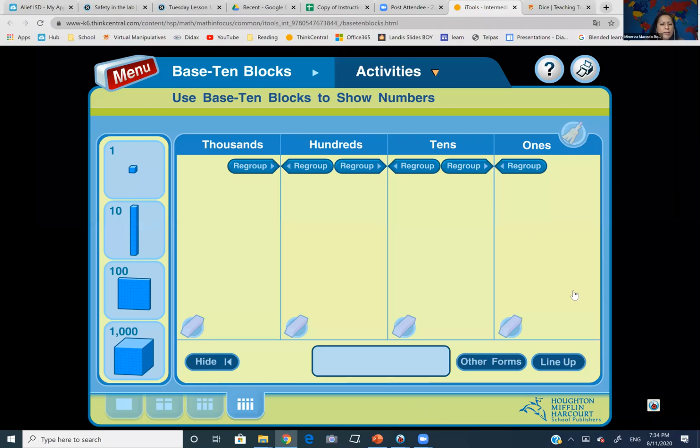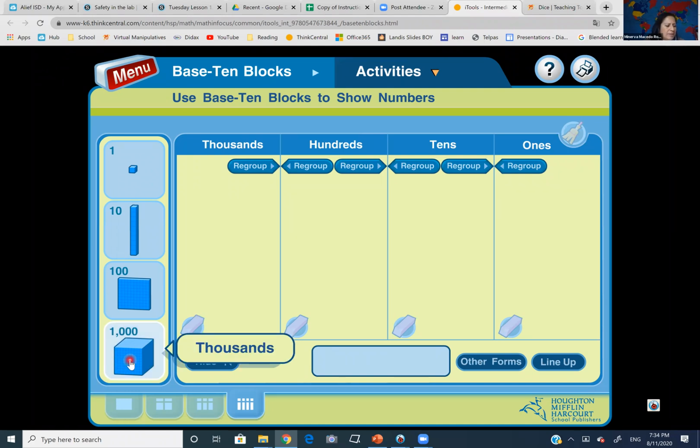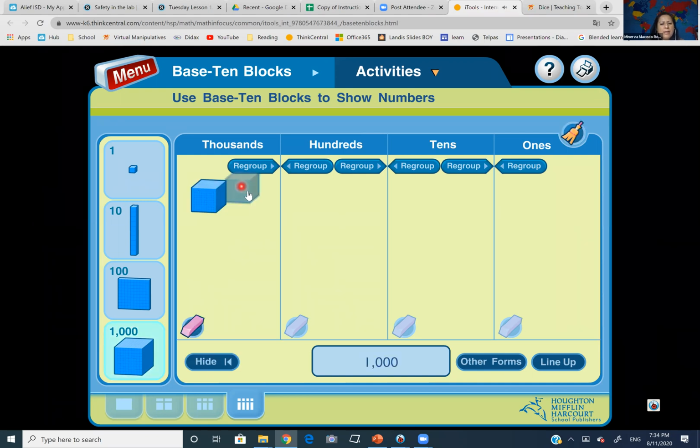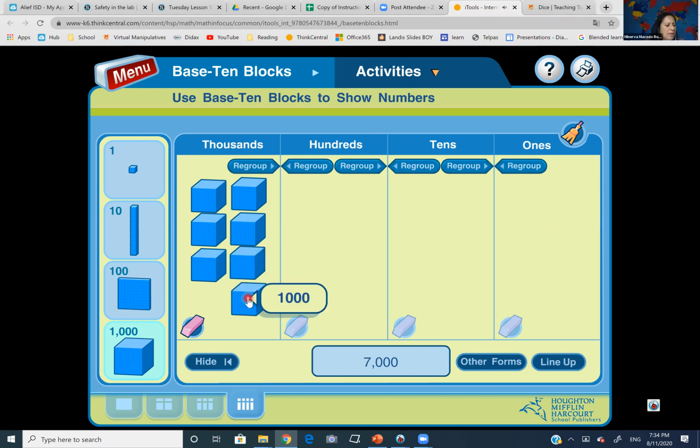The first thing we're going to do is represent the number we had in the previous slide. So let's do it. The first one is 7,000. So let's count together. 1,000, 2,000, 3,000, 4,000, 5,000, 6,000, and 7,000. Now we have 300s, 100, 200, and 300.